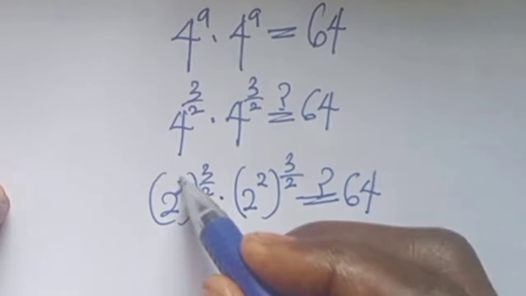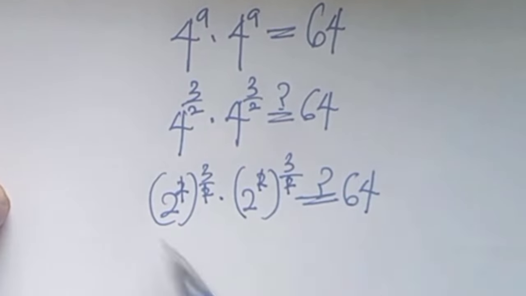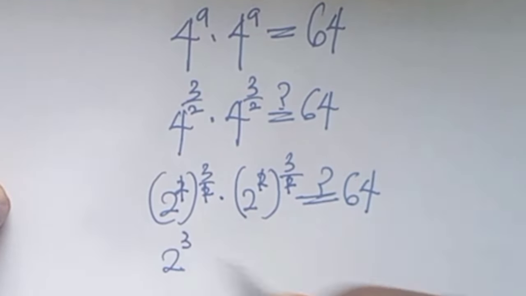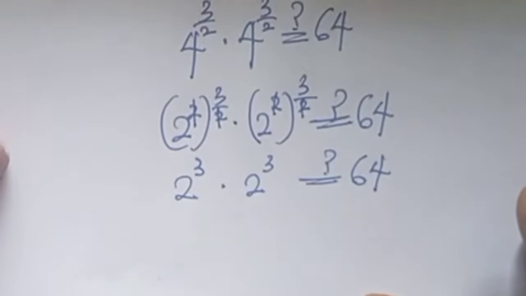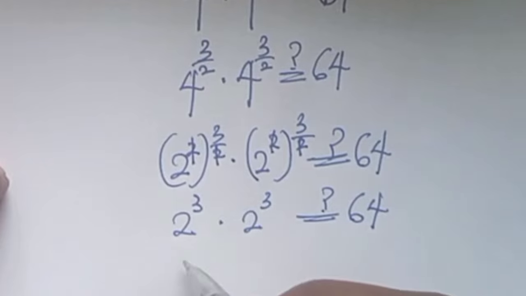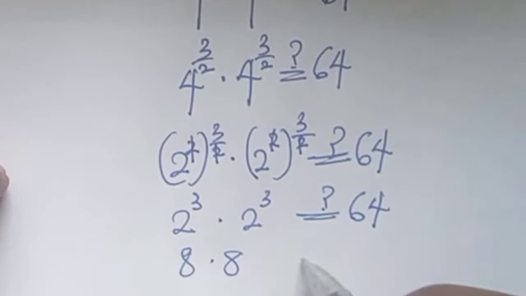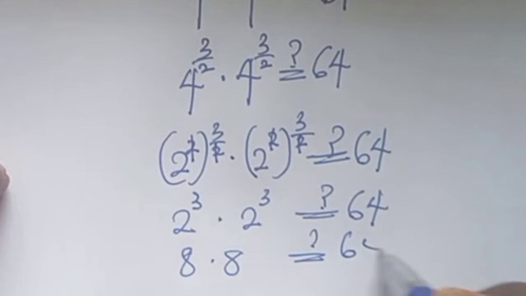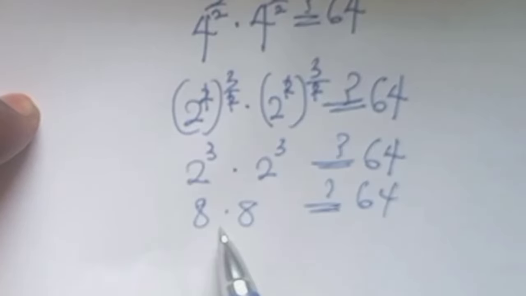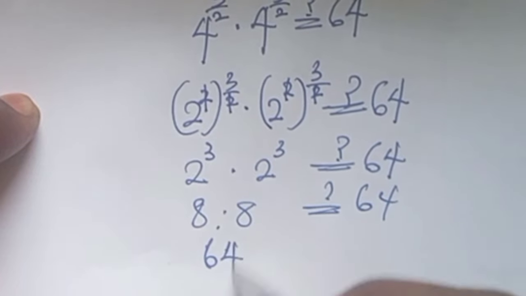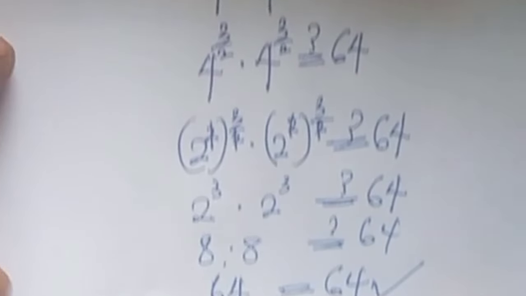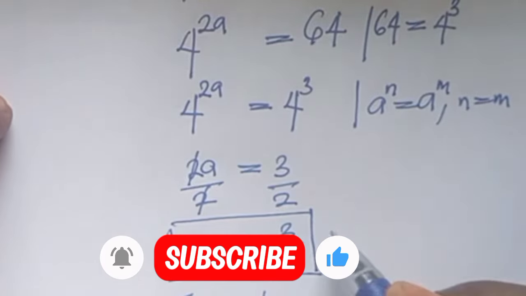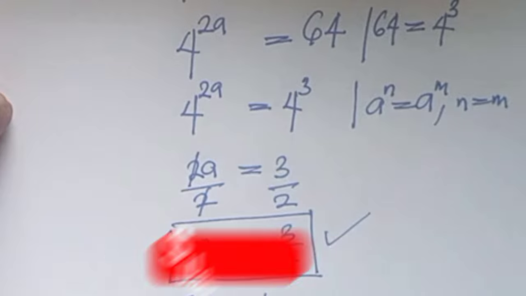And if we do this very well, 2 will cancel out 2. What is left is 2 to the power of 3 times 2 to the power of 3. Can we arrive at 64 from here? But 2 to the power of 3 is 8, so 8 times 8. Can this be equal to 64? And 8 times 8 is 64. It is equal to 64. So it's true that the value of a as 3 over 2 is correct.